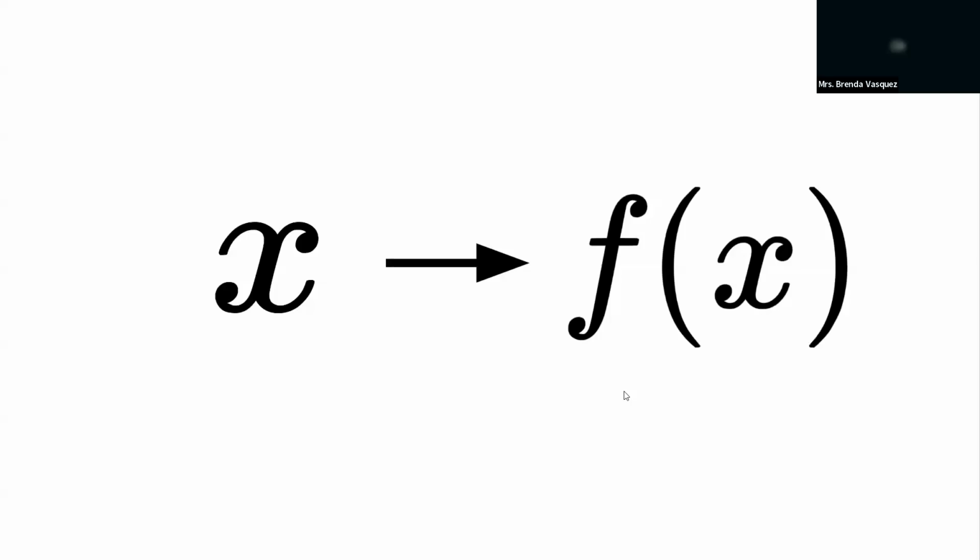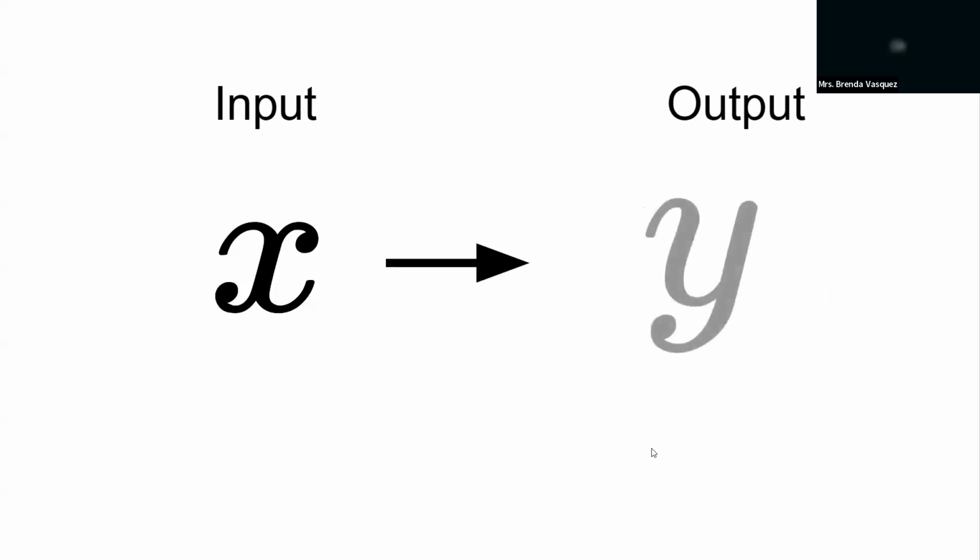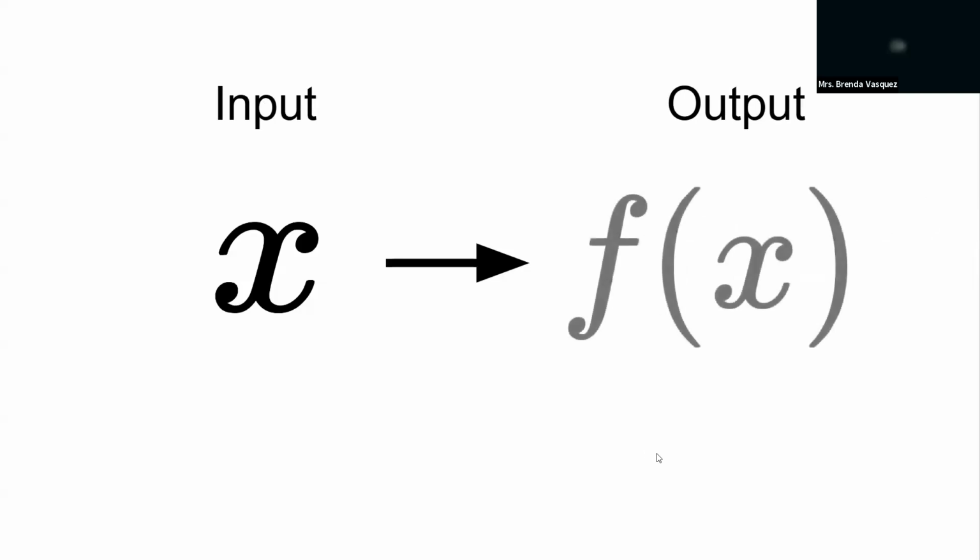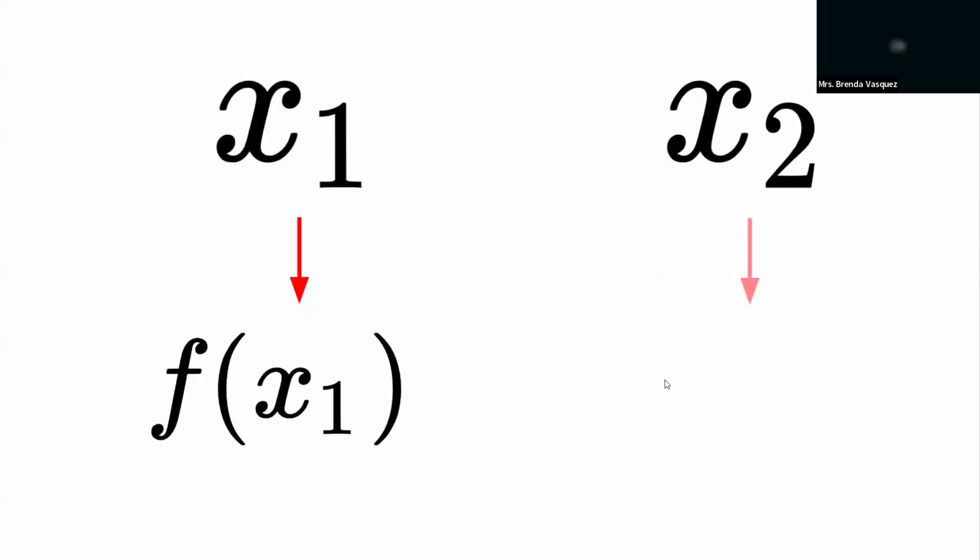Now, we've been using our functions. We had been saying that we have an input and an output. Our output, we're used to seeing as y. We're now going to see it in the form of f of x because we're going to be seeing functions. Whenever we're given a value, we have to input it into our function and get an output.